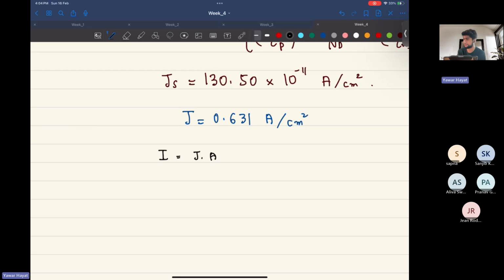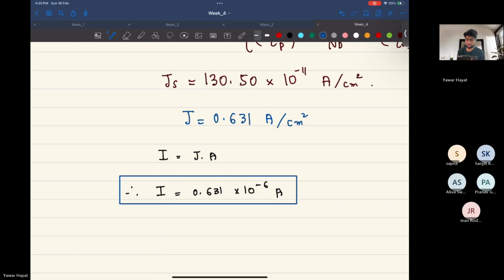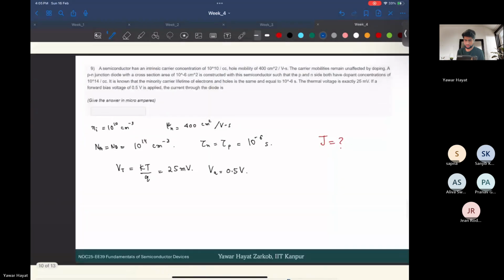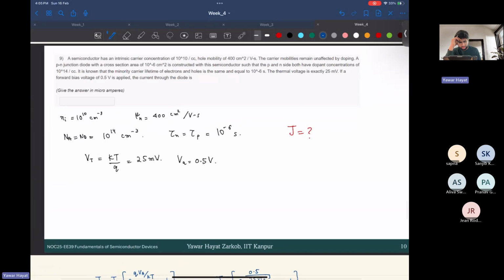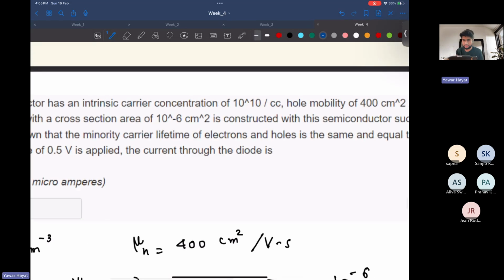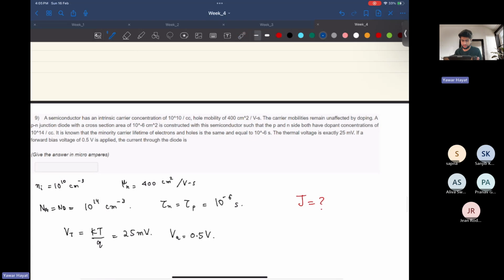That is J times A. Therefore, your I is 0.631 times 10 to the power minus 6 ampere, that is 0.631 microamps. The cross-sectional area was 10 to the power minus 6 centimeter square.